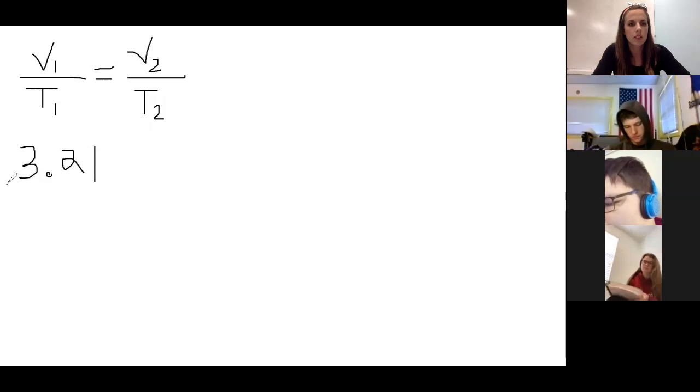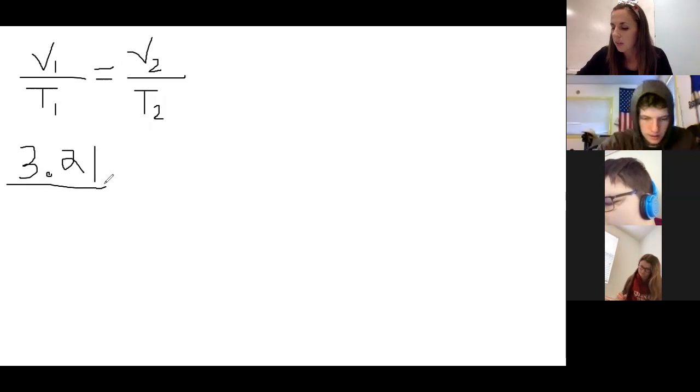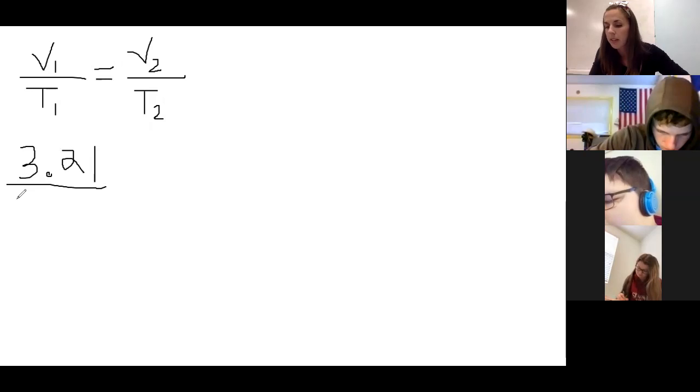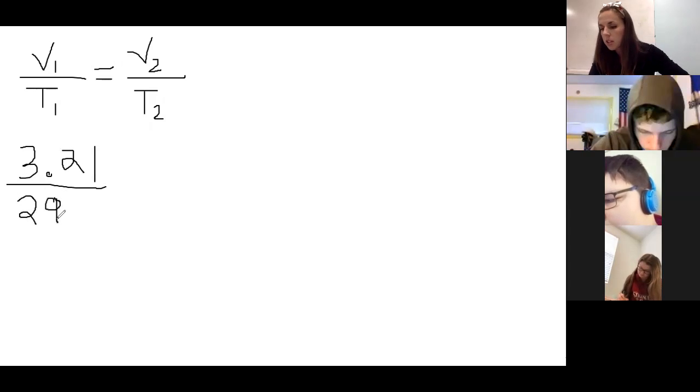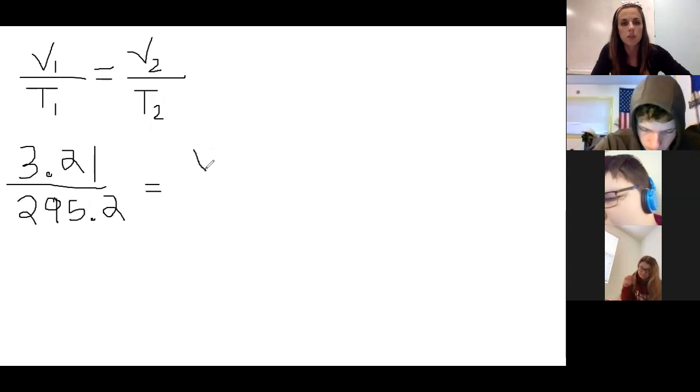Okay. T1 is 22 degrees Celsius, which I add 273.15 to, right? And then I'm going to round to the 10th decimal place and get 295.2. Okay, equals, it's asking me for the new volume, so V2 is going to stay blank.